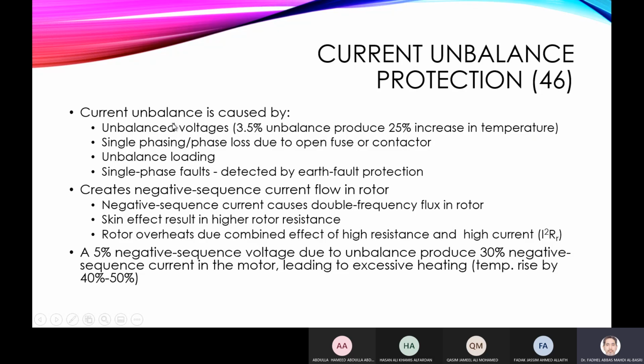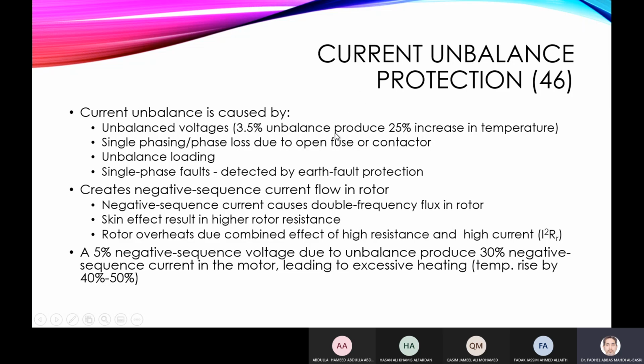So what else causes these imbalance currents? First of all, the voltages and the supply, which have nothing to do with the motor. Single phasing, if you lost one phase, maybe a fuse blown, or one of the breaker poles could not close on one of the phases.